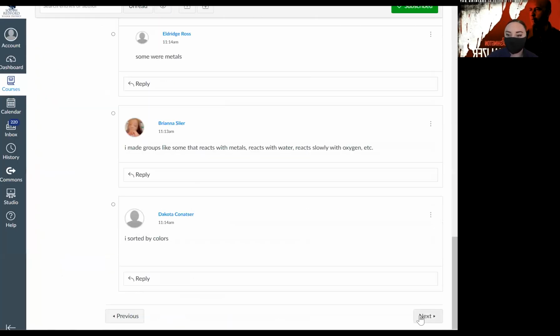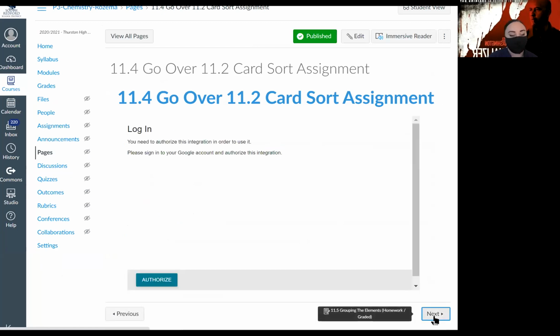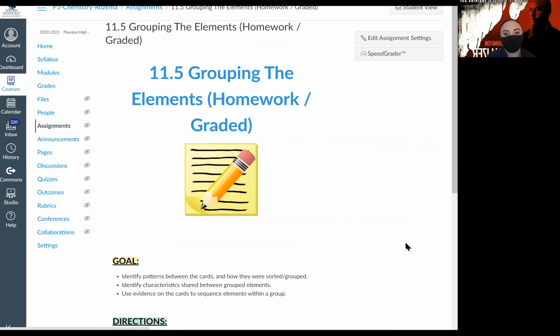So if I go back to Canvas, again, we just went over the card sort to make sure we all understand how the cards should be sorted. And now we have to start making sense of them, okay? To pause for a minute and make sure that we all understand why we're doing this and where it's coming from.